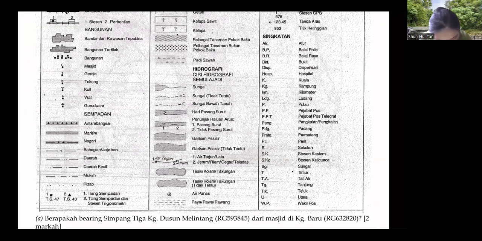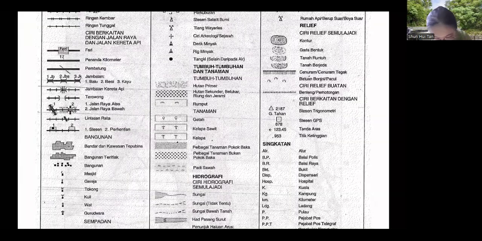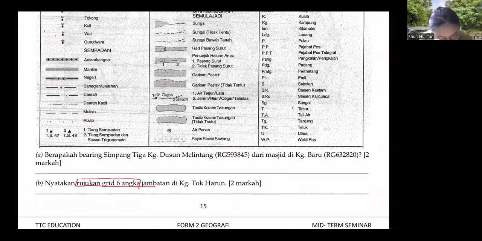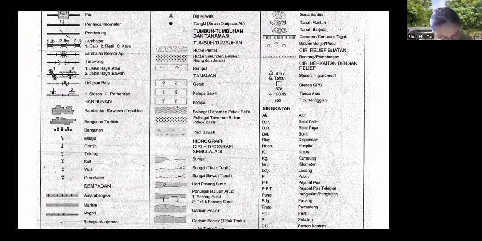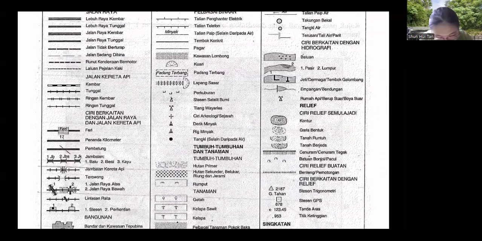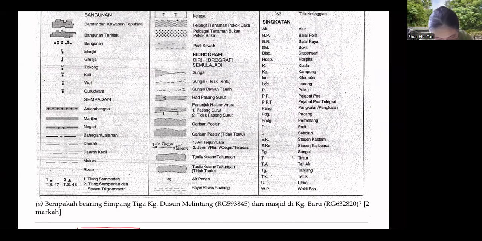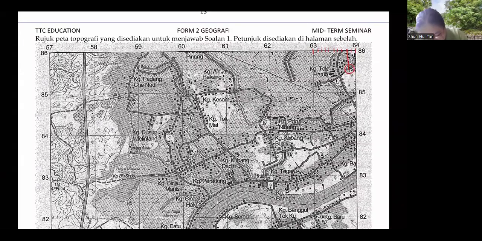Let me confirm jambatan besi or jambatan kayu, okay? Did they write the jambatan? Wait. I found another one. Sorry, it's not JB, it's JK. This one. Not sure whether you can see or not. This is the jambatan.